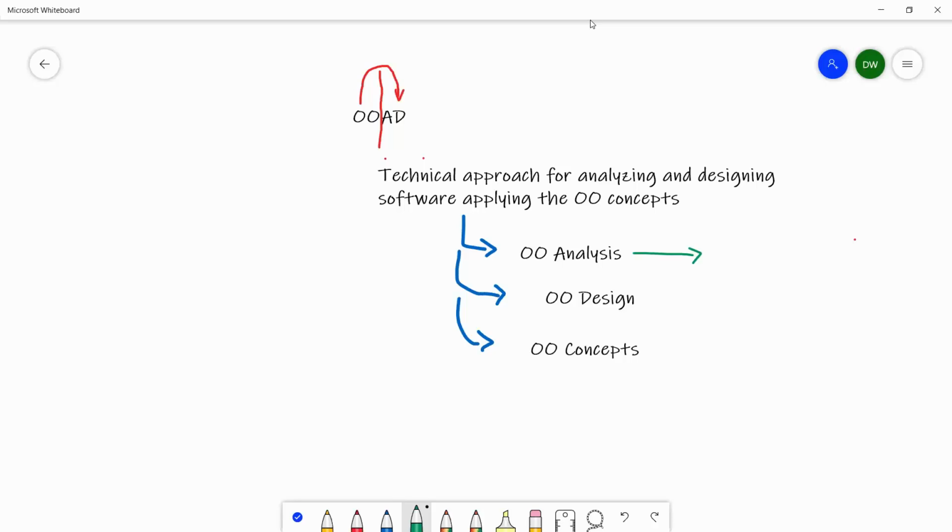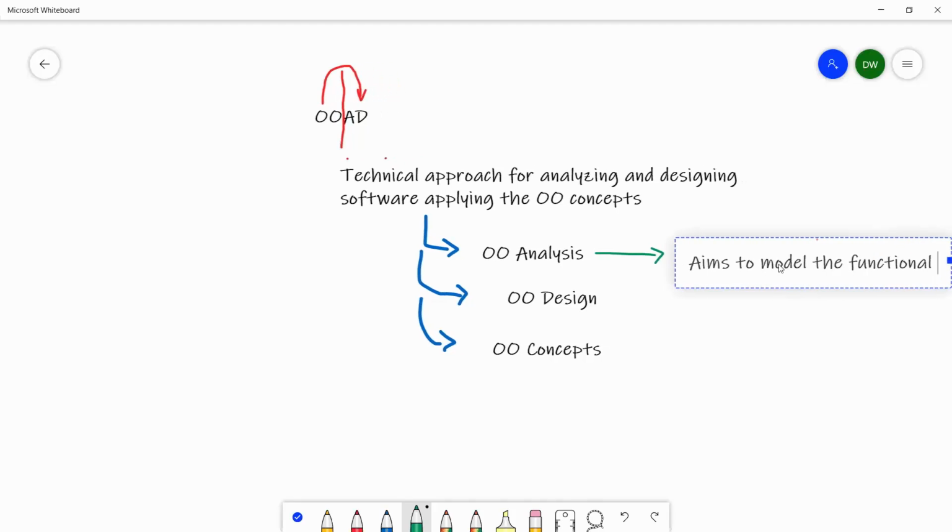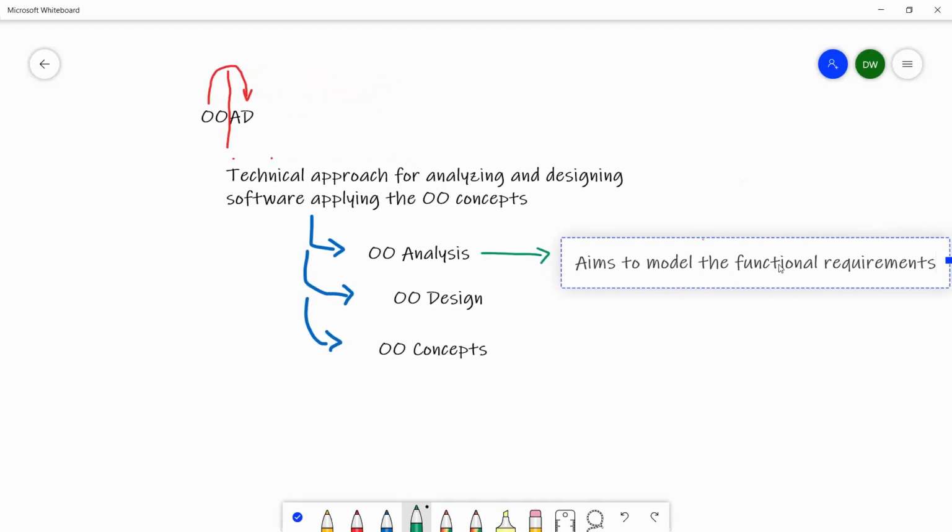When we talk about the phases, we talk about analysis. So here we do that analysis part. We think of the functional requirements of the software and we see the system in the view of objects. So here we aim to model the functional requirements of the software which you are going to design.